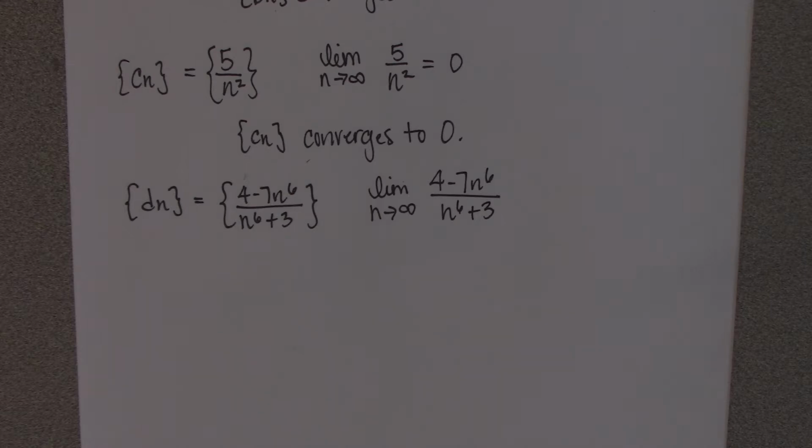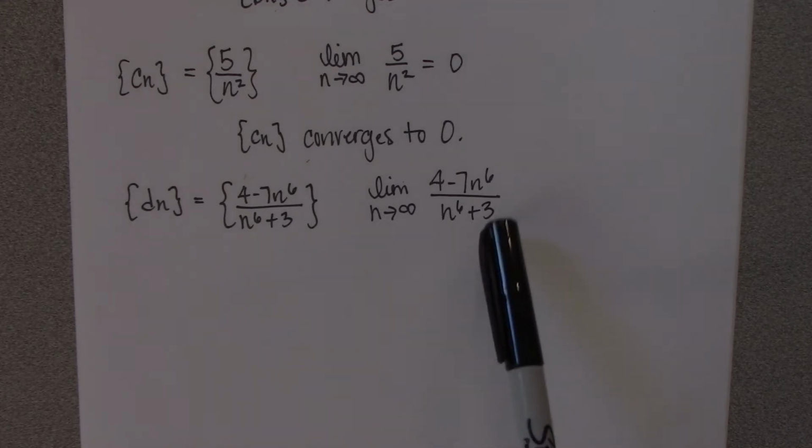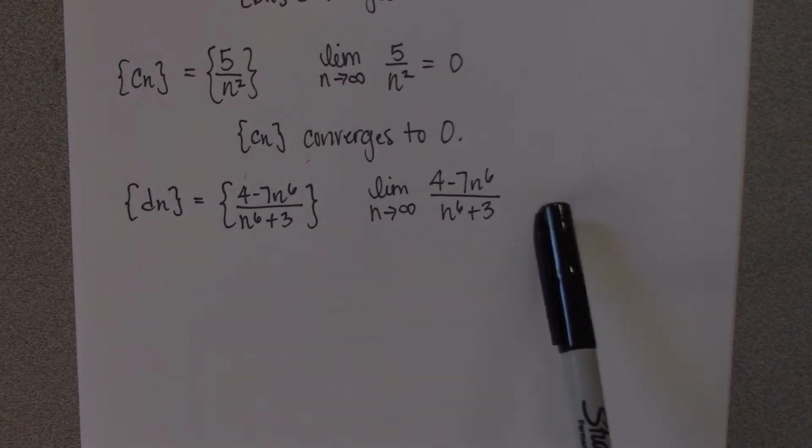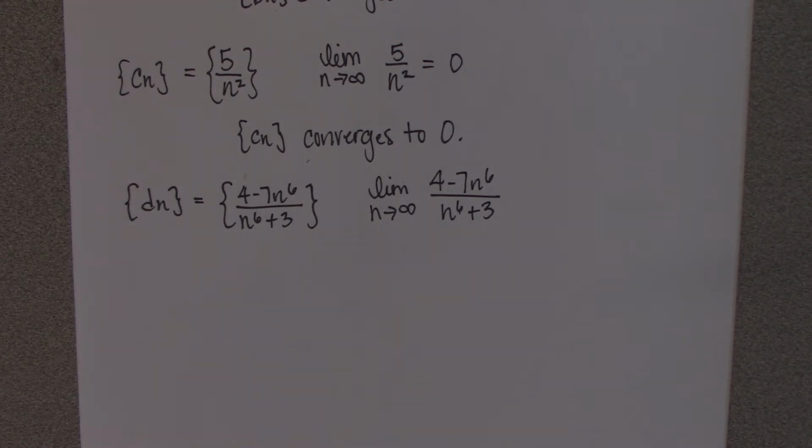But if you're in a situation where you have a polynomial over a polynomial, we learned back in Calc 1 that even if I had an n to the 4th and n, even if I had more terms in this polynomial, the highest power is going to dwarf all the other powers when you're looking at infinity.